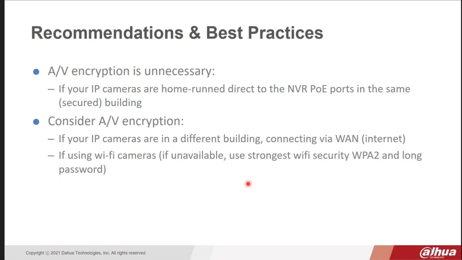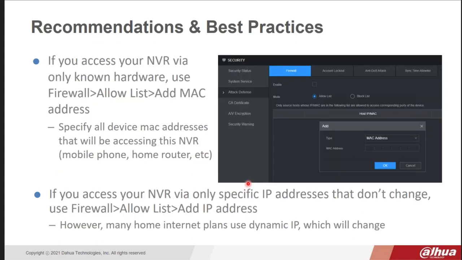Now, I didn't have time to check to see if our Wi-Fi cameras offer this, but even if it's not available, certainly use the strongest Wi-Fi security format that we have, which is probably going to be some variant of WPA2, and also use a long password. Just remember that a Wi-Fi camera is broadcasting the information in the air within a short geographical area.